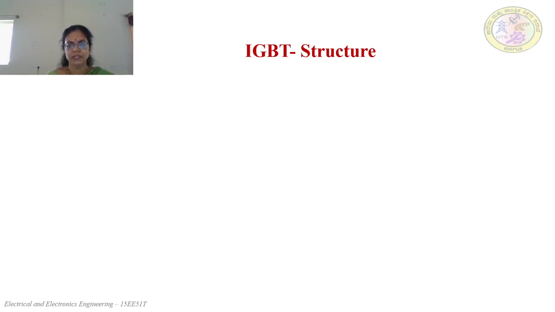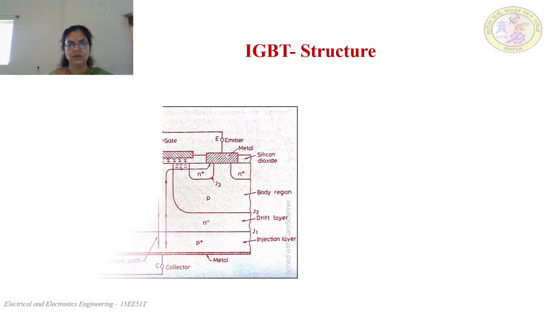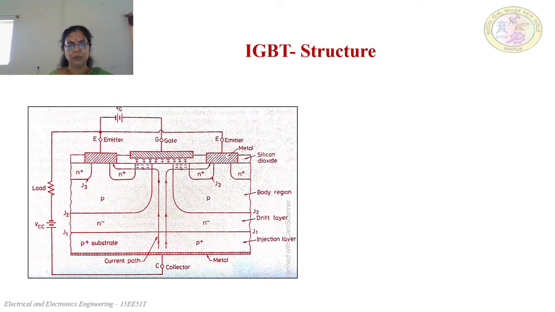Next we will look at the structure of the IGBT. Moment you look at the structure, you can see that it is almost similar to that of the MOSFET, except that there is an injection layer which is a P plus substrate.